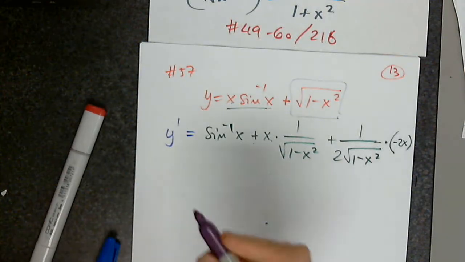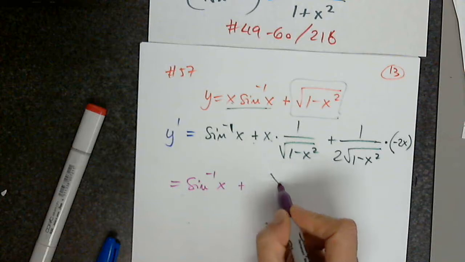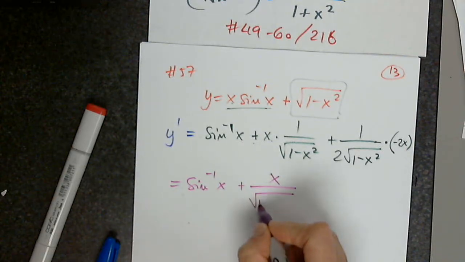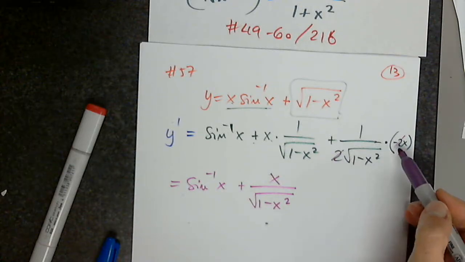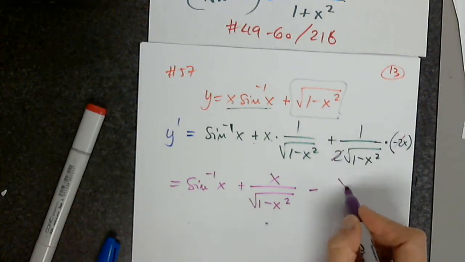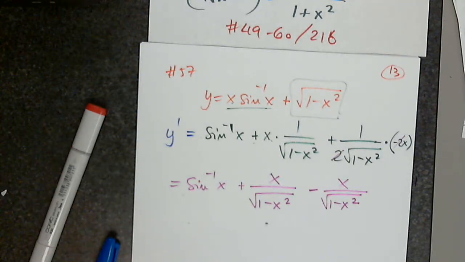Okay? So this is sine inverse x plus x over the square root of 1 minus x squared. I will simplify these two, and I have minus x over the square root of 1 minus x squared. What do we notice?